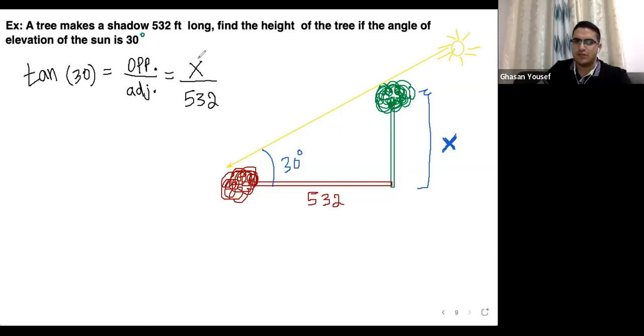So now it's easy to find the value of x because the tan of theta is given from the table and this is known, but x is unknown. So now it's easy to find the value of x. Do cross multiply. So x equals tan of 30 times 532. What is the value of tan?